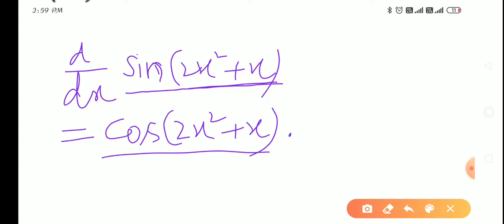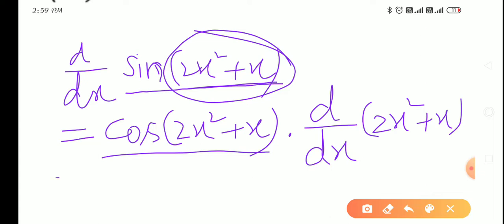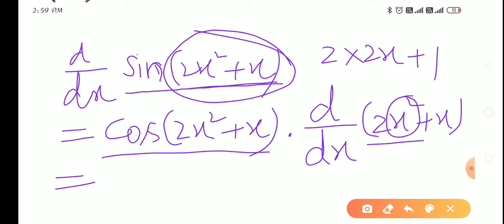Now multiplied by, because it was not x, its differentiation will come in multiplication, d upon dx of 2x square plus x. X square differentiation, you know, 2x. So 2 multiplied by 2x, and plus for x differentiation is 1.